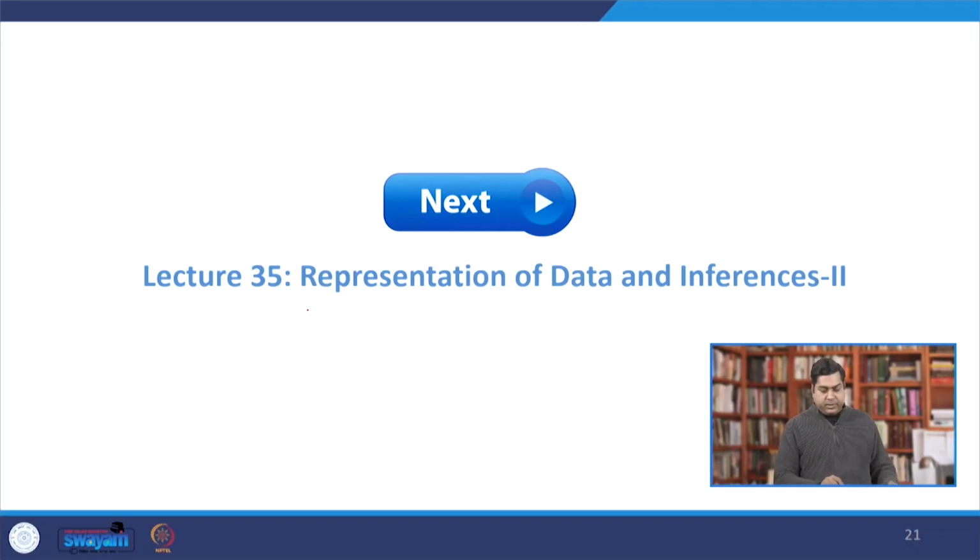So, with that I end it here. The remaining types of visualization like the tabular or the spatial or the textual we will be discussing in our next lecture, which is part 2 of this representation of data and inferences.